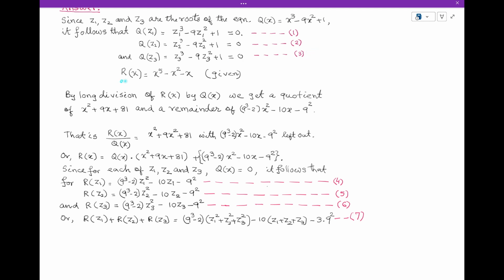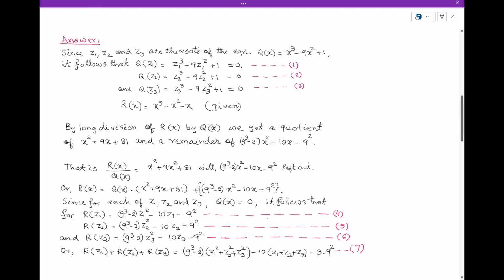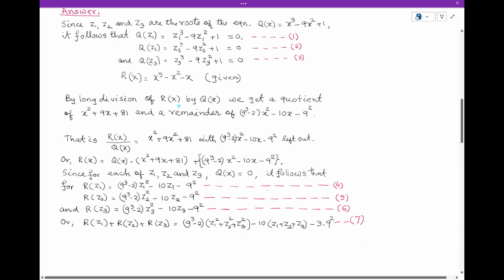R(x) is equal to x to the 5 minus x squared minus x. This is given. By long division of R(x) by Q(x), we get a quotient of x squared plus 9x plus 81 and a remainder of 80x squared minus 10x minus 9 squared.